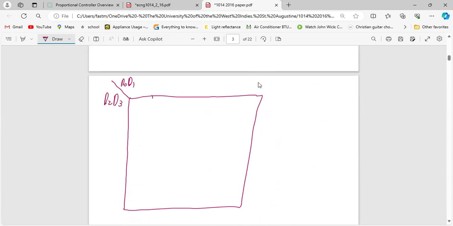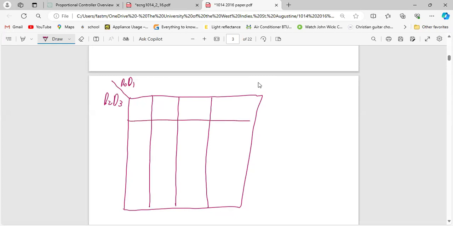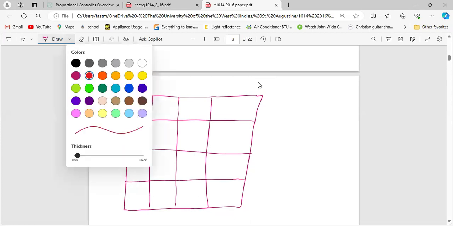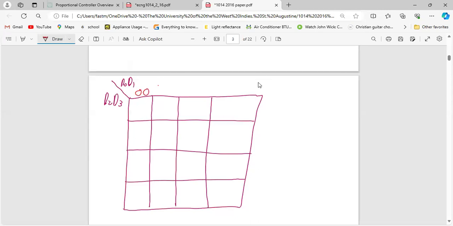I'm going to draw up the columns, so it's 1, 2, 3, 4, and then 1, 2, 3, 4. One thing I like to do is label my number patterns. So 00, 01, 11, 10, and then the same thing for the bottom piece: 00, 01, 11, 10.